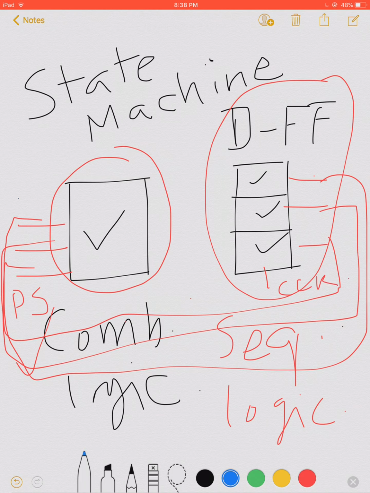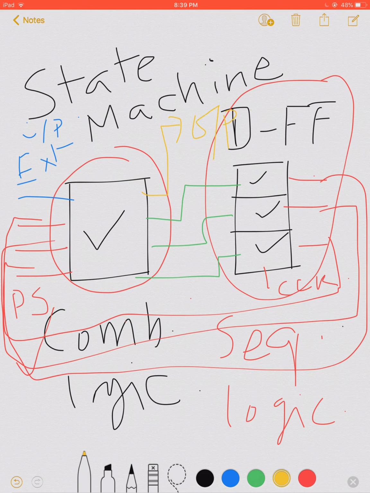And there is also some external input to this combinational logic block. The output of the combinational logic is basically the next state, which is connected to the D inputs of the flip-flops, and it also has an output.